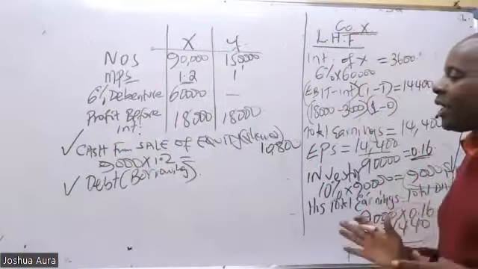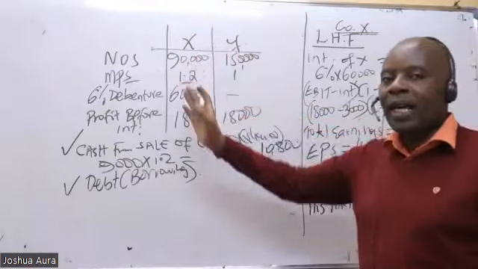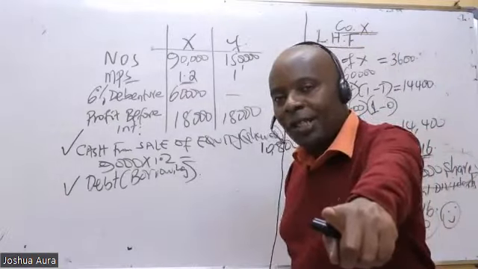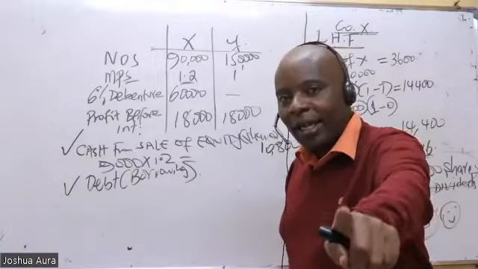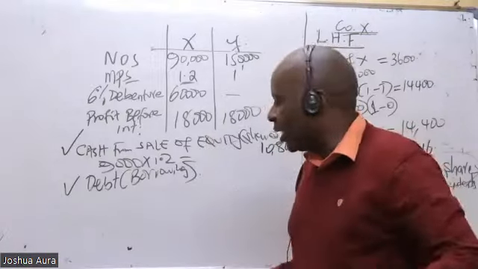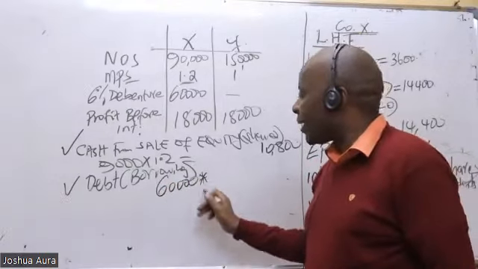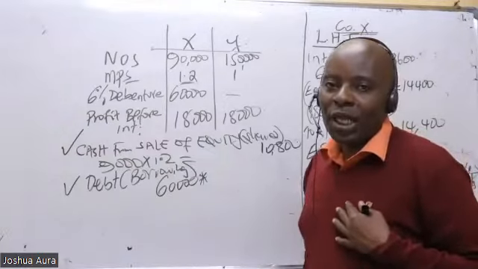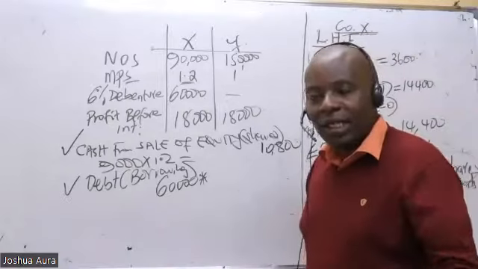This guy himself now has to behave like company X. He'll ask himself, how much does X have in terms of total debenture? X in totality has 60,000 loan. But remember, I'm just having 10% of the shares, so everything of mine should be 10%.